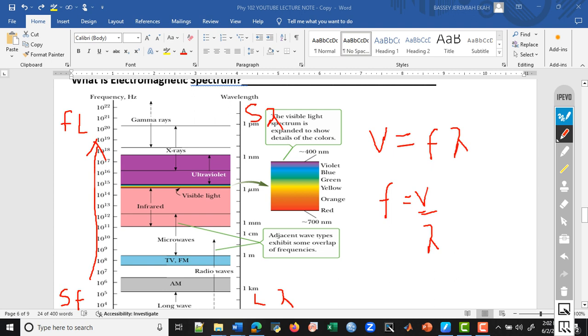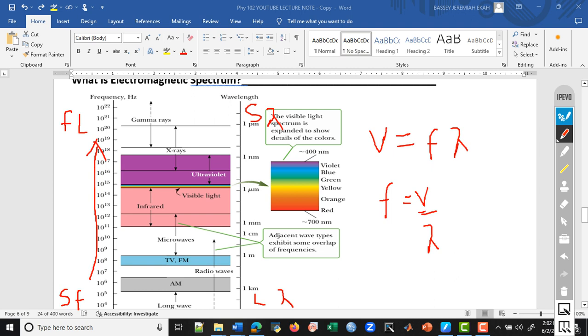If we are to list the members of the electromagnetic spectrum in order of decreasing wavelength, you now see we have a long wavelength here and a short wavelength here. It's still the same thing as listing members of the electromagnetic spectrum in order of increasing frequency.